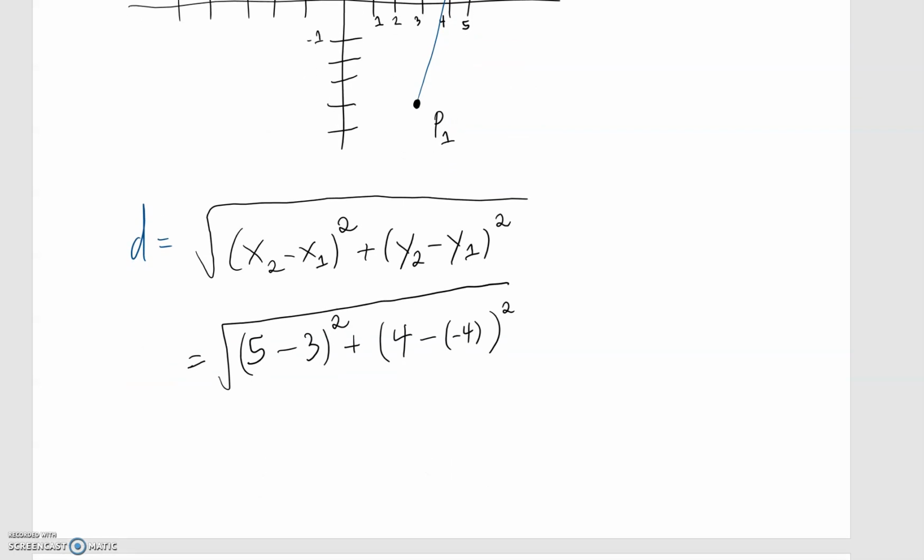So let me simplify this. 5 minus 3 is 2. 4 minus negative 4 is going to be positive 8. Two squared is 4, and 8 squared is 64. So this is going to be the square root of 68.